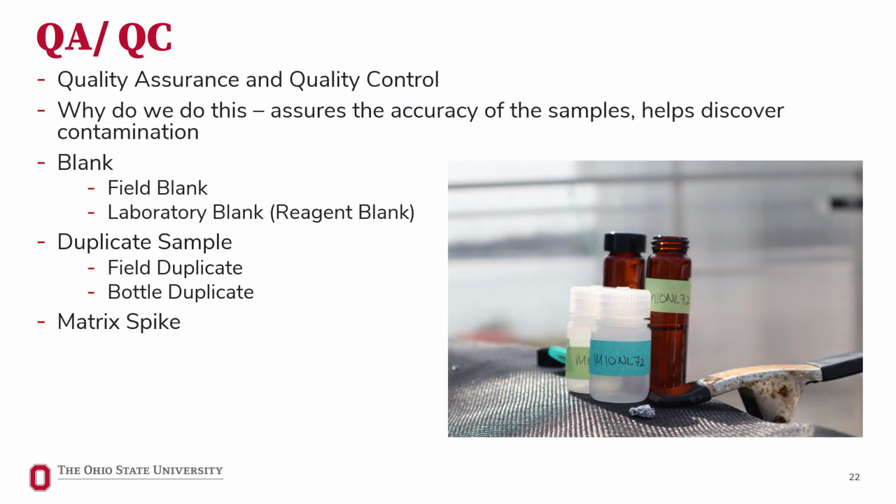A matrix spike is when a water sample is spiked with a known concentration of the chemical we are looking to analyze. So for phosphorus, you could add 1 ml of your high standard to 9 ml of your sample A and run this as a matrix spike. You will compare this spiked sample to the results of sample A that was not spiked, and the difference should be exactly what you spiked into the sample.